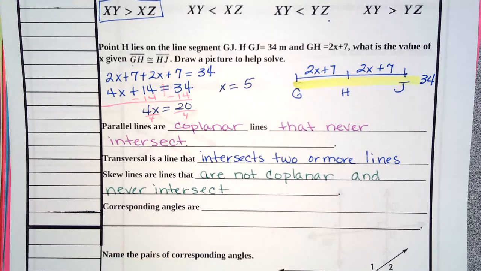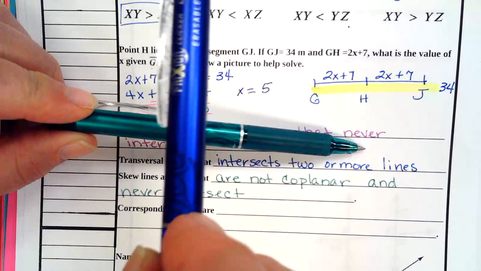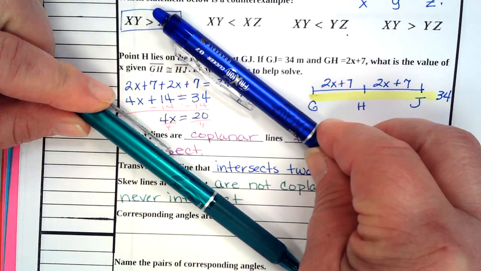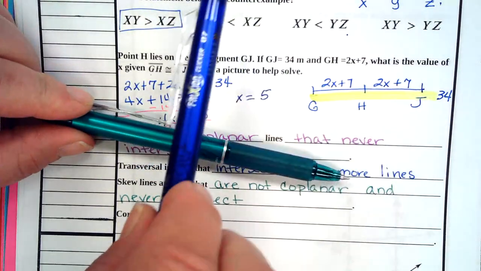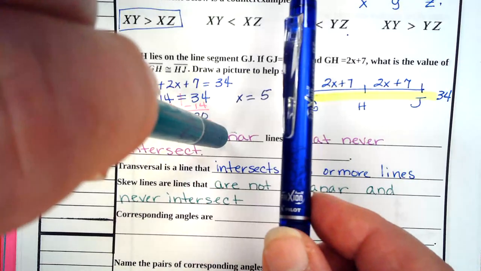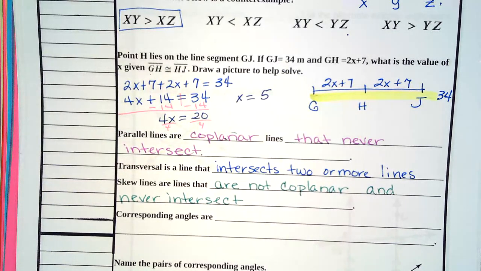So if you're looking at skew lines, one will be above the other. Parallel lines have to be in the same plane. Skew lines will be one above the other, and if you're looking at it like this, these are skew, they will never touch, but neither are they parallel.